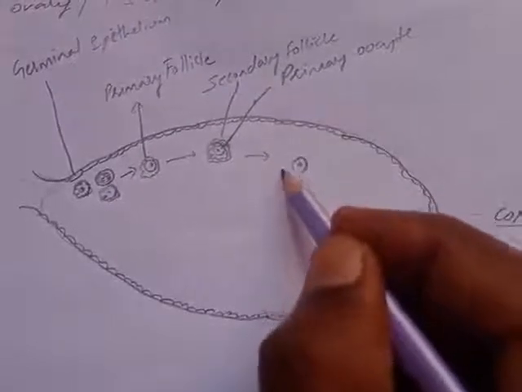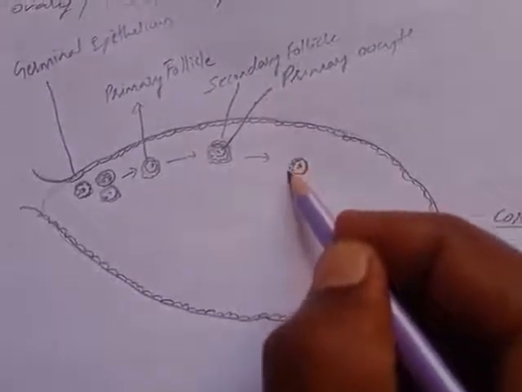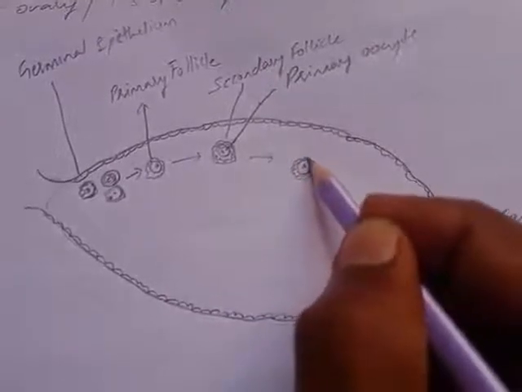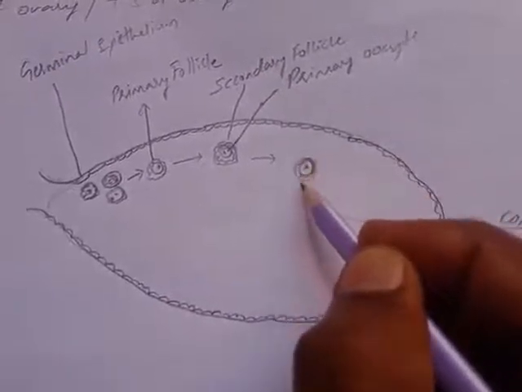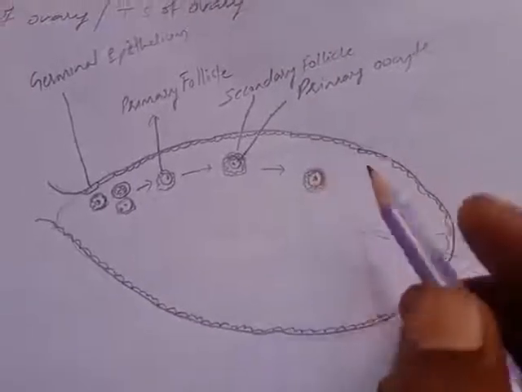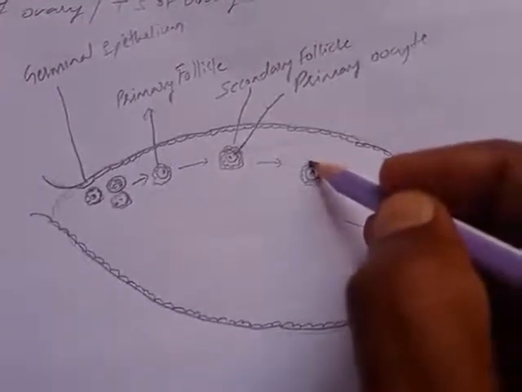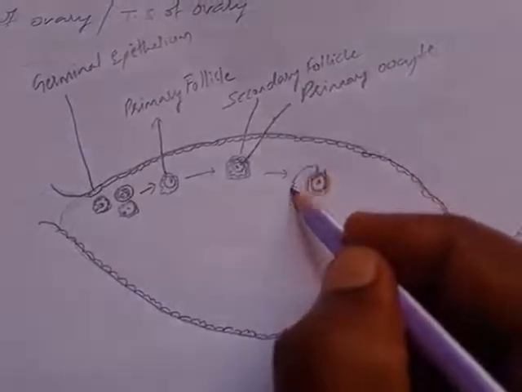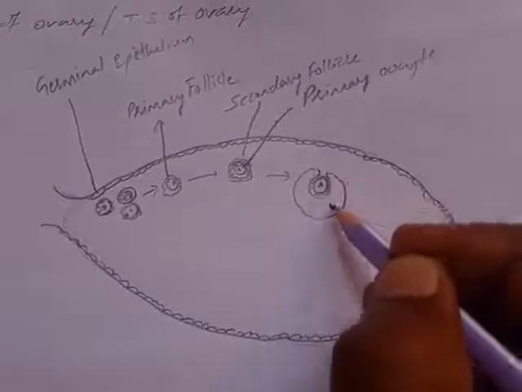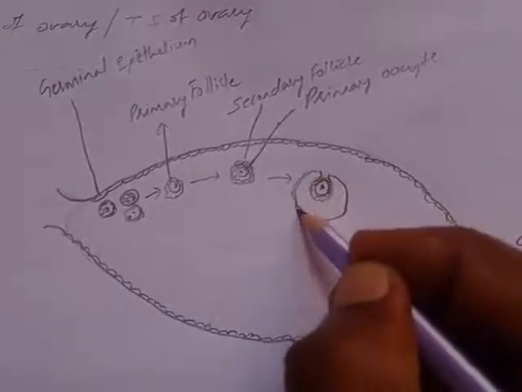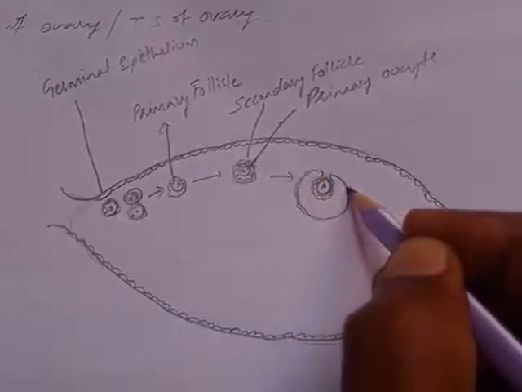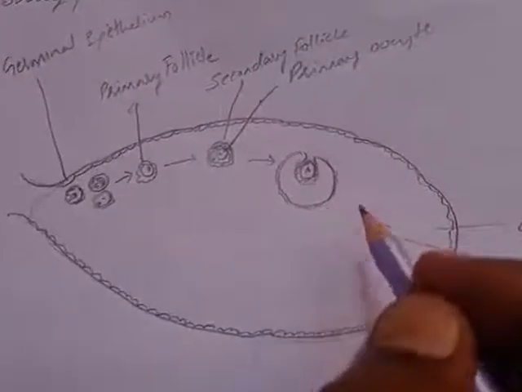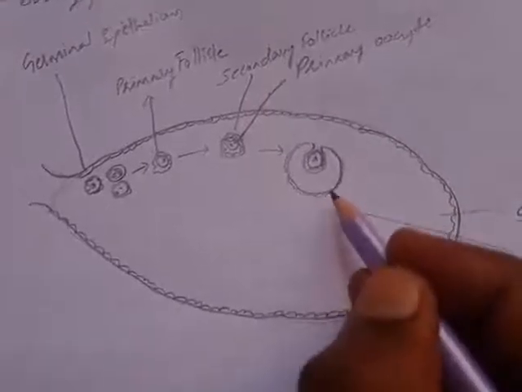The matured one is surrounded by the zona pellucida and membrane. There are again multiple layers. It is found in the cavity called the antrum. We can show it as antrum here, and further there are membranes that we can observe here.